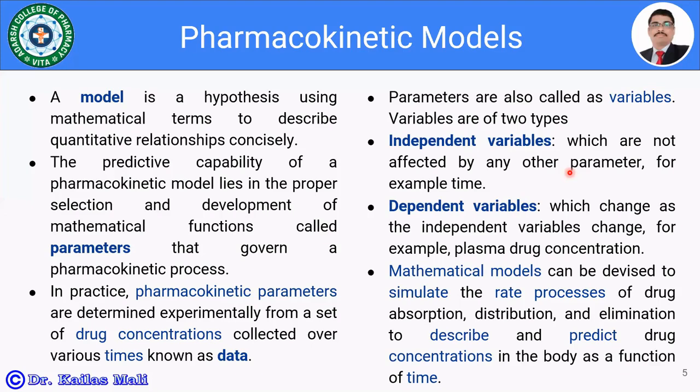The other variable, known as the dependent variable, changes as the independent variable changes. For example, plasma drug concentration. As the time changes, the dependent variable plasma concentration changes.